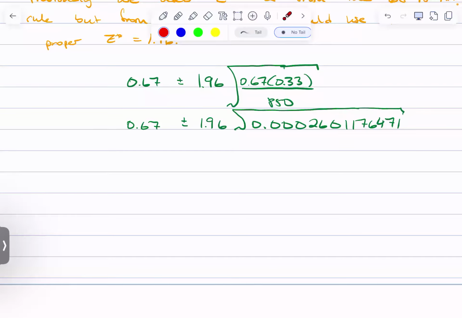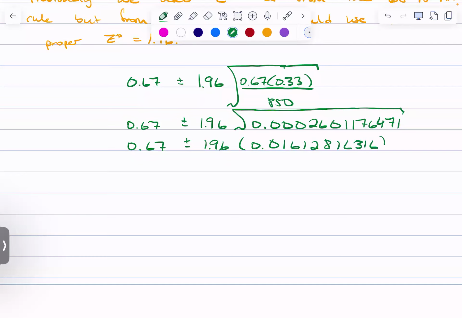You don't want to forget to do that. So my next step is to take the square root here, and I get a much more reasonable answer for my standard error. I get 1.96 times 0.01612816316.